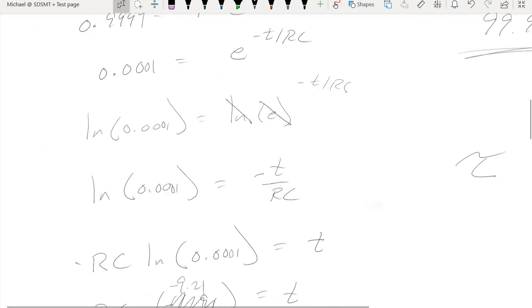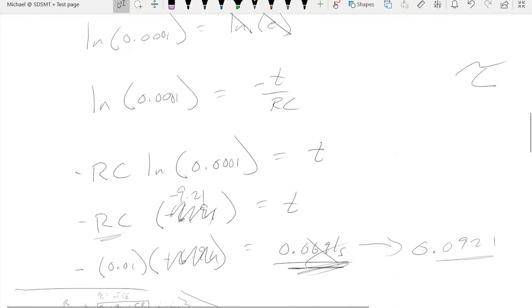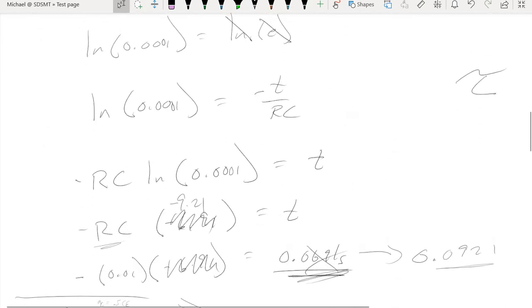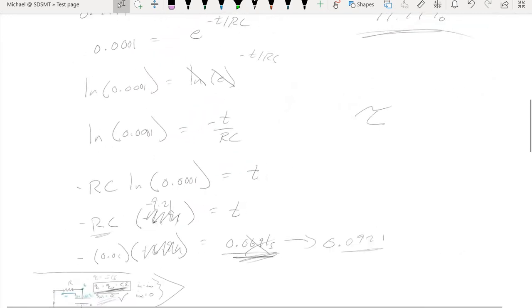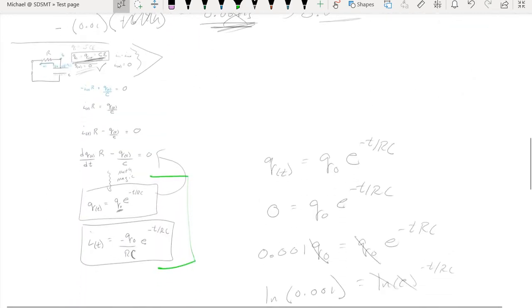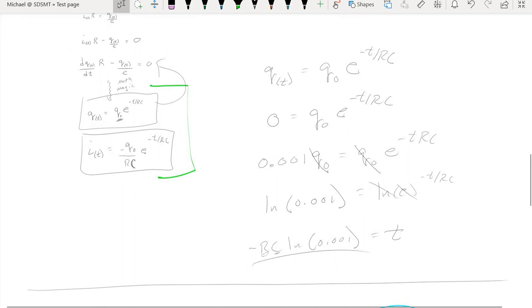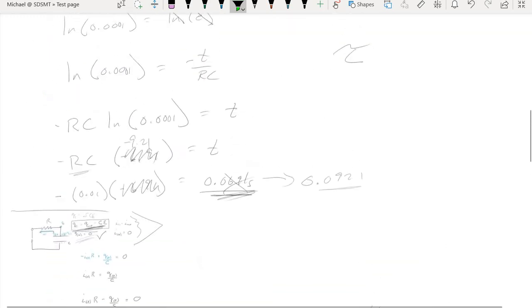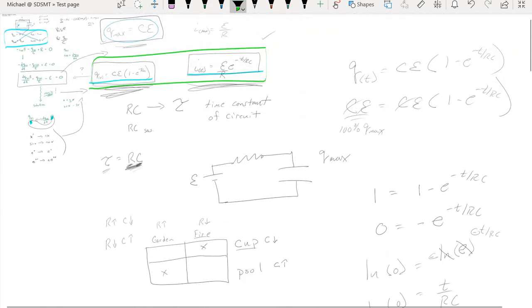And it is crucial that we grab the correct equations from our formula sheet when we go to take a test. So down here, these are the discharge equations, and the ones up above are for the charging scenario.